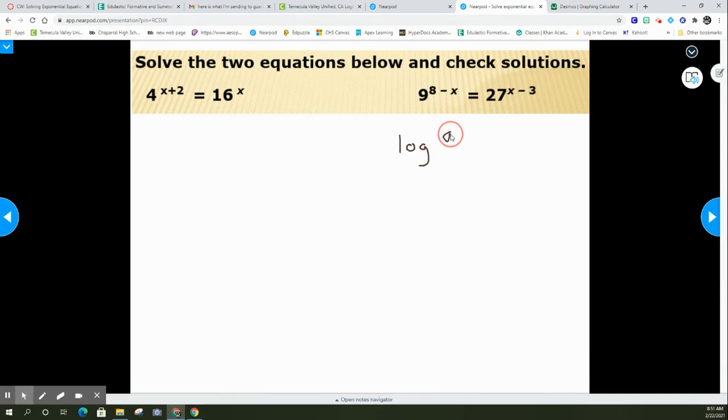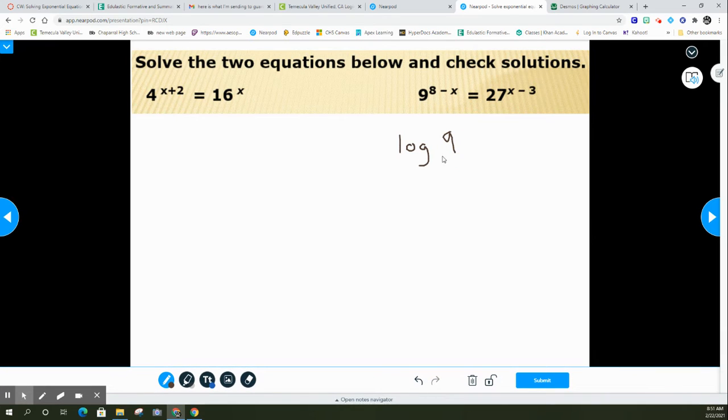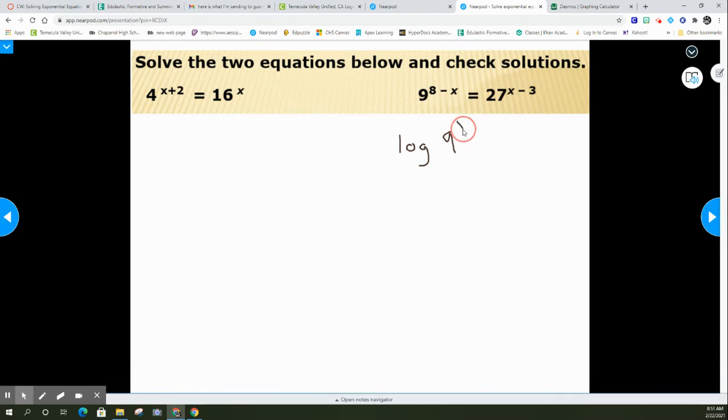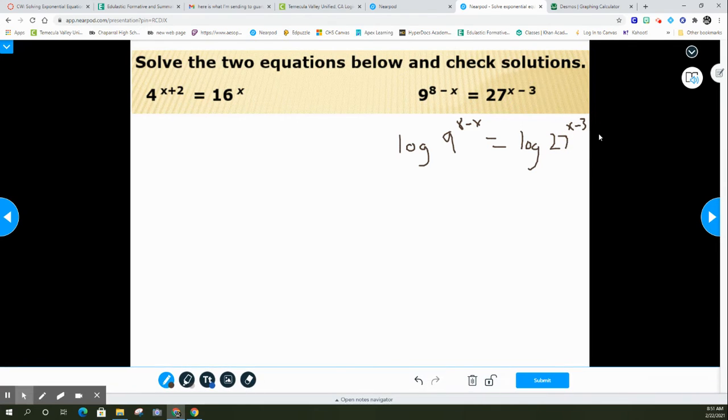Okay, so when I log both sides, I'm doing log base 10. Obviously this one I could do log base 3, it would make it easier, but I'm just going to show you for all purposes, because if we couldn't, we'd do this. So we go log base 10 on both sides, so the common log. Since this is a power of a power, this is being multiplied by that exponent.